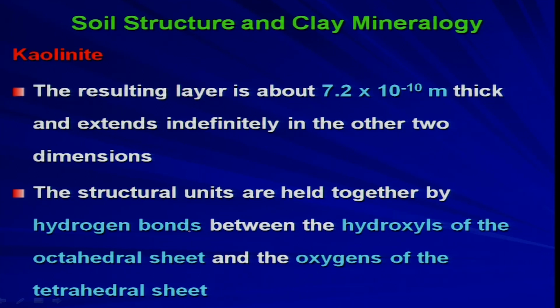As we know, in the octahedral sheet you have the hydroxyls at the corners, at the tips. So, the hydrogen bond will be getting formed between these octahedral sheet hydroxyls and the oxygens of the tetrahedral sheet. In the tetrahedral sheet, at the tip you have the oxygen atoms. So, they will be forming some hydrogen bond and then they will be stacked together to form the kaolinite structure.